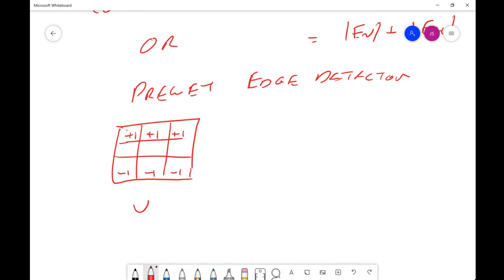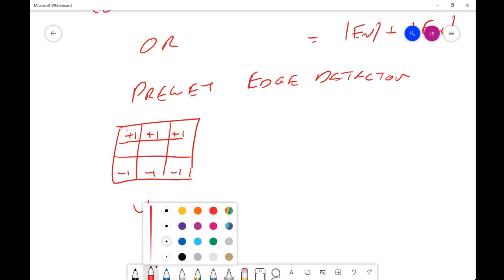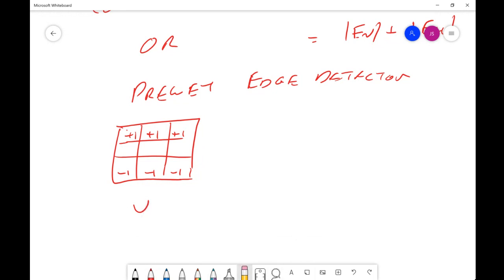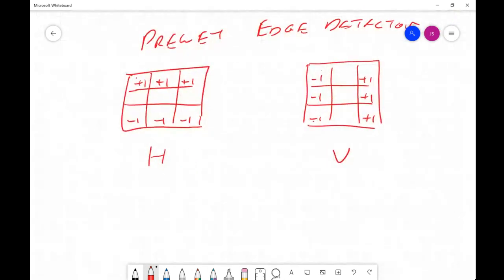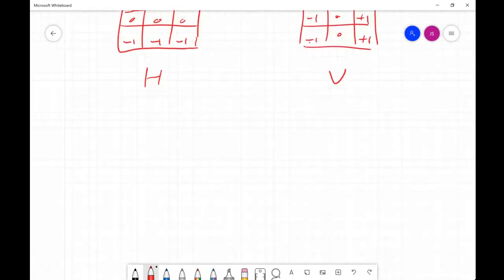That's the horizontal, sorry. And for the vertical, is going to be -1, -1, -1, +1, +1, +1. The other cells are zeros. Same combination, same thresholding.